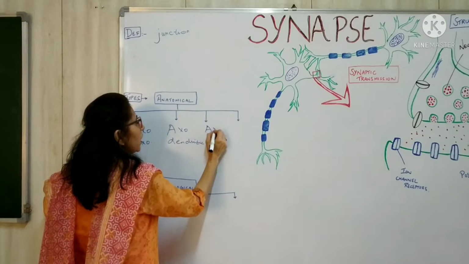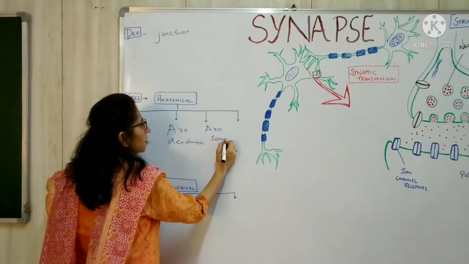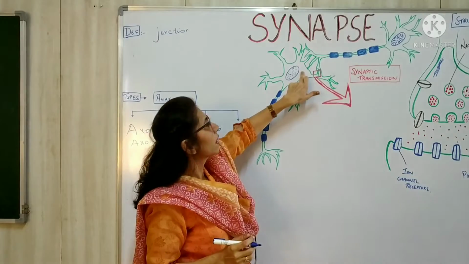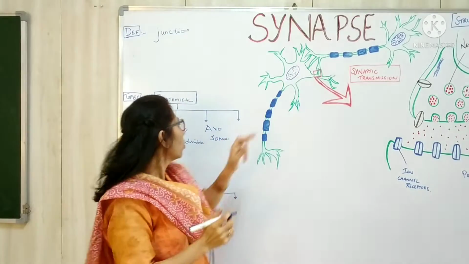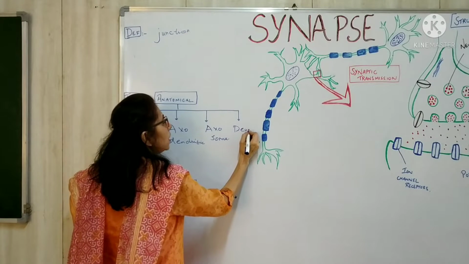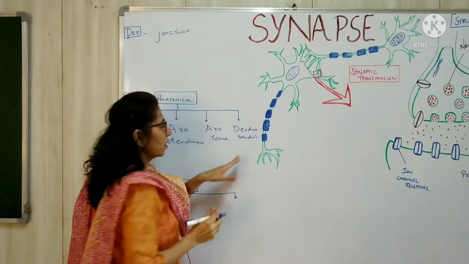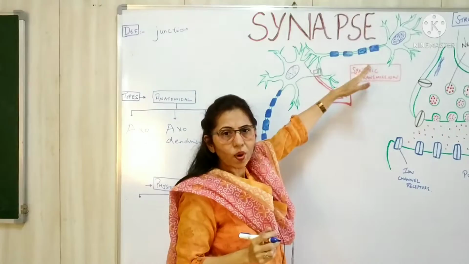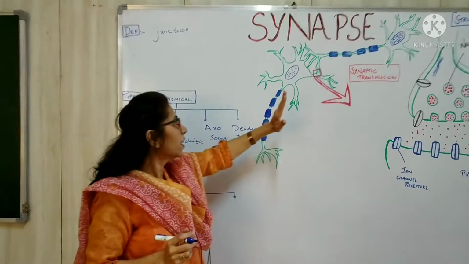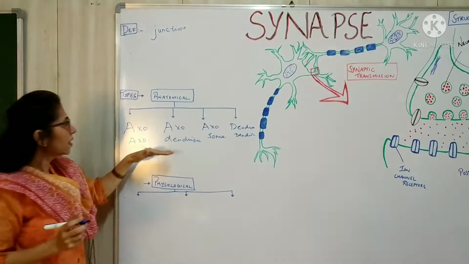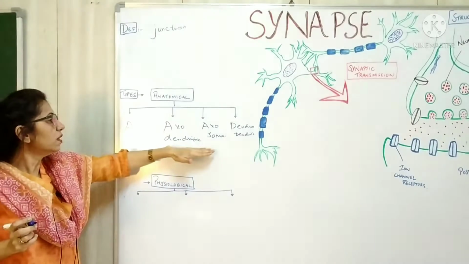Then we have the axosomatic synapse, where the axon of one neuron makes synaptic connections with the soma of another neuron. And lastly, we have the dendrodendritic synapse, which is the most rare one, where the dendrites of one neuron make synaptic connection with the dendrite of another neuron. That is the anatomical classification of the synapse.